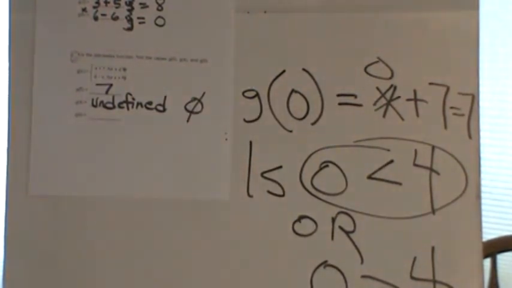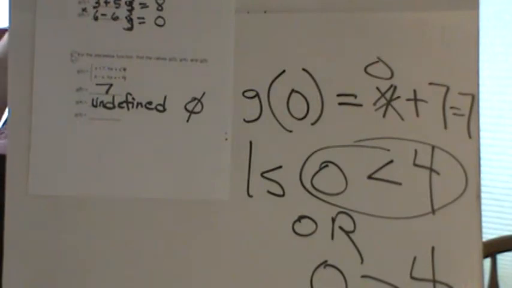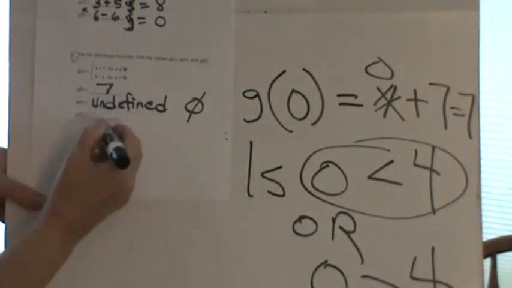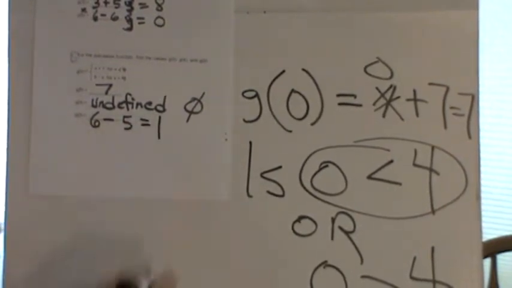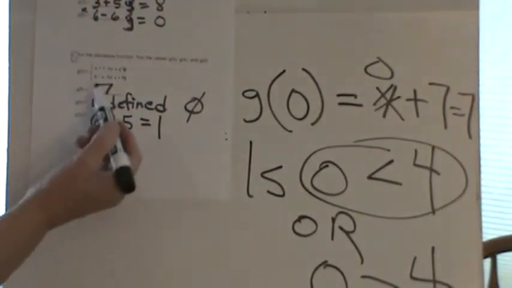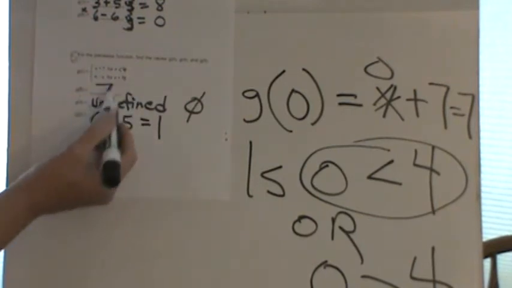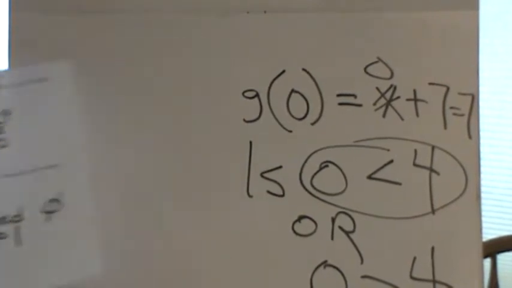And then g of 5. 5 is obviously greater than 4, so you use that second piece, 6 minus 5, and you'll get 1. You're using the second piece because the 5 is greater than 4.